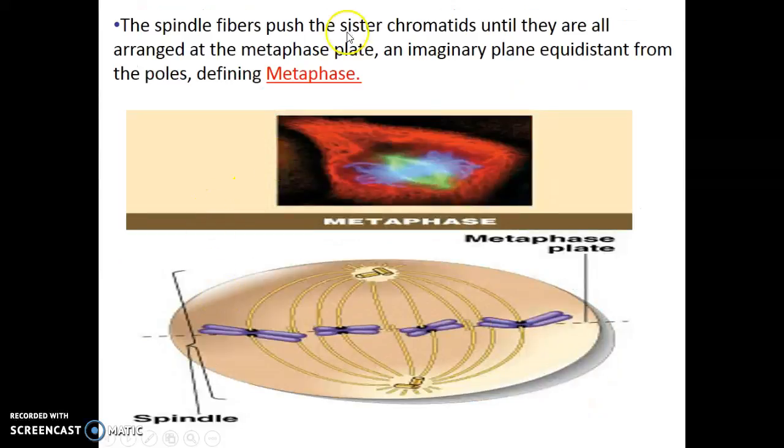The spindle fibers push the sister chromatids until they are all arranged at the metaphase plate, an imaginary plane equidistant from the poles, defining metaphase.